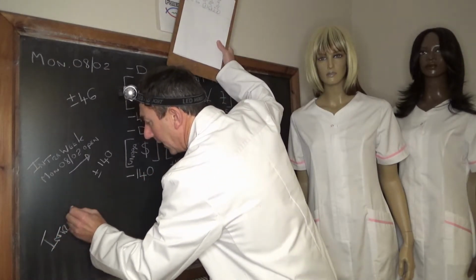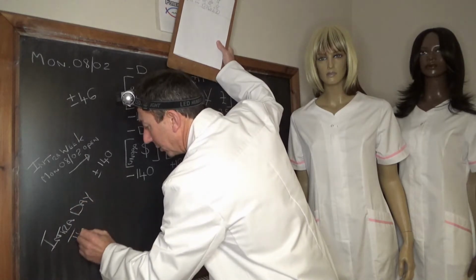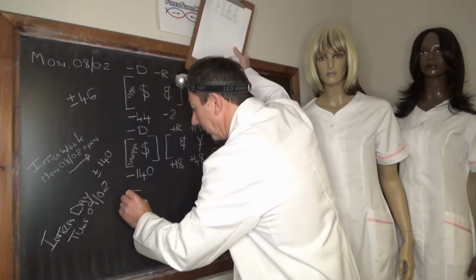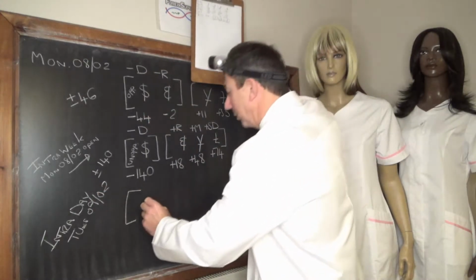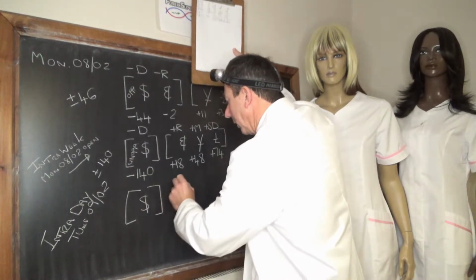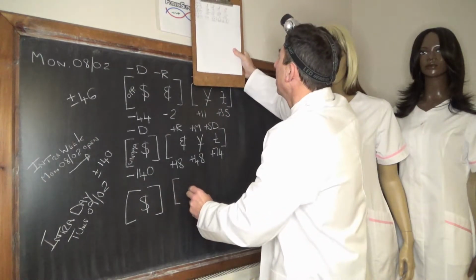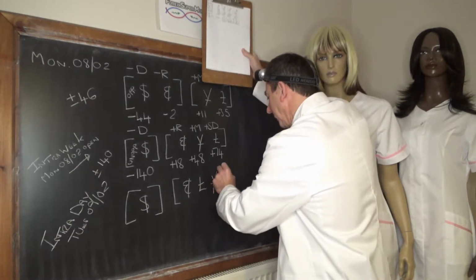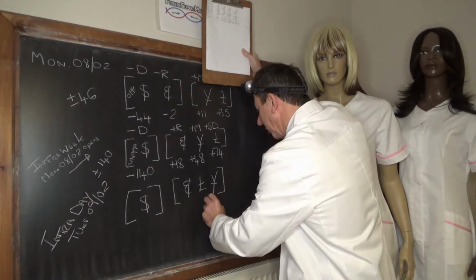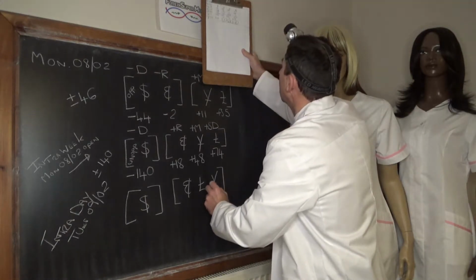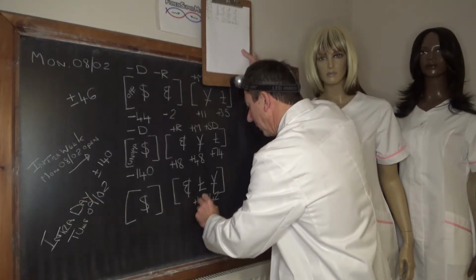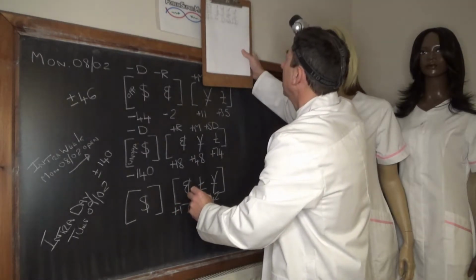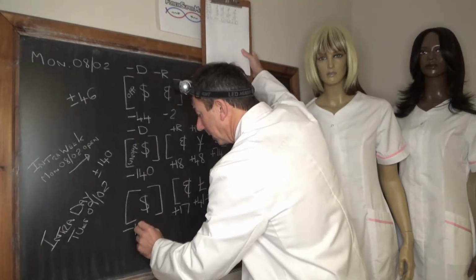So intraday, which is today, which is Tuesday the 9th of the 2nd. So what have we got? We've got dollar again on its own on the negative, euro pound yen, and plus 42 for the yen, plus 41 for the pound, and plus 17 for the euro, and minus 100 for the dollar.